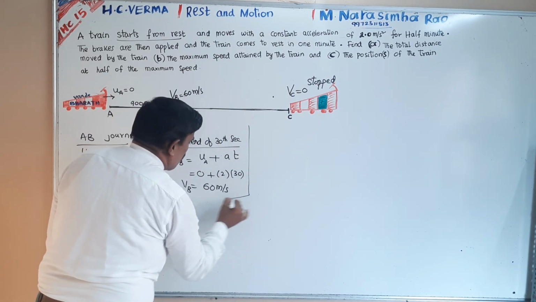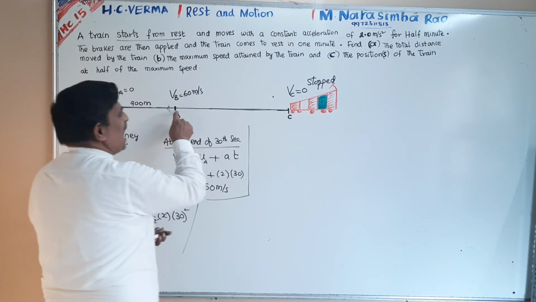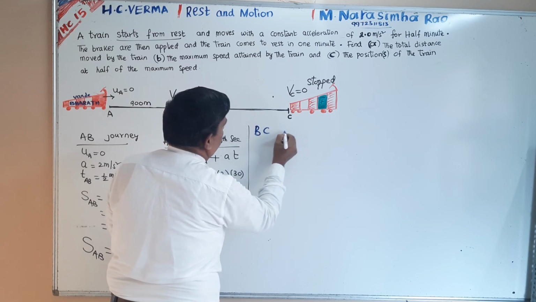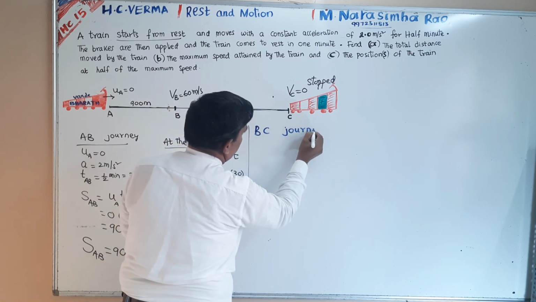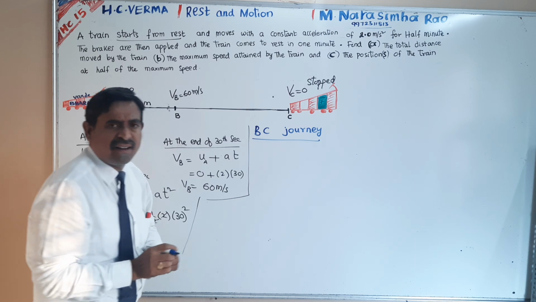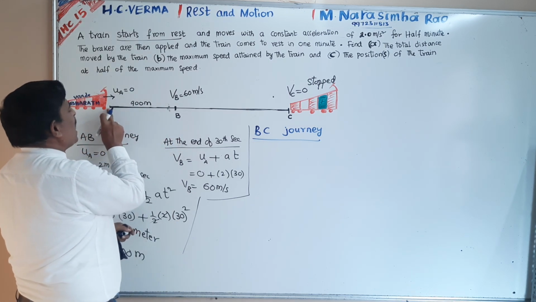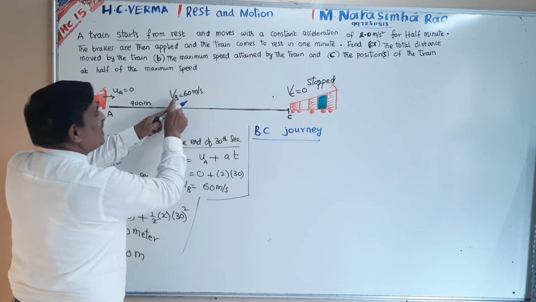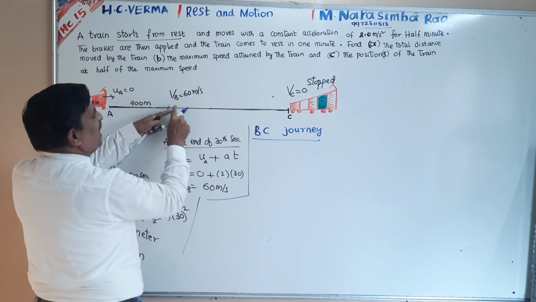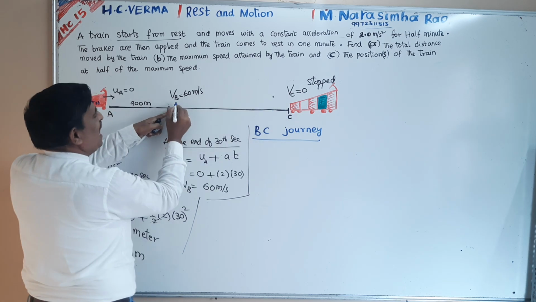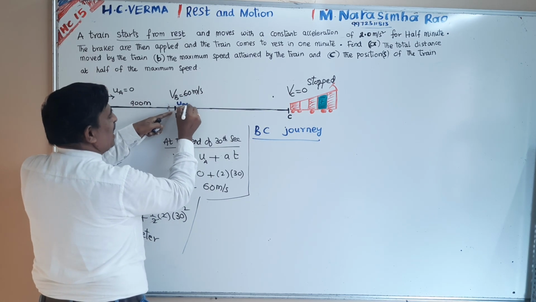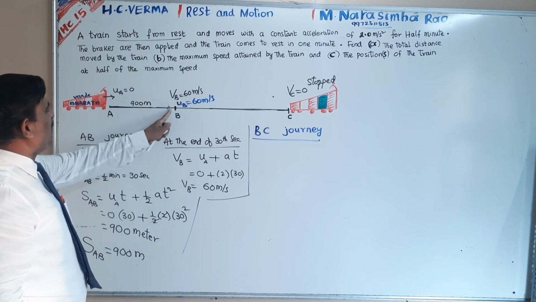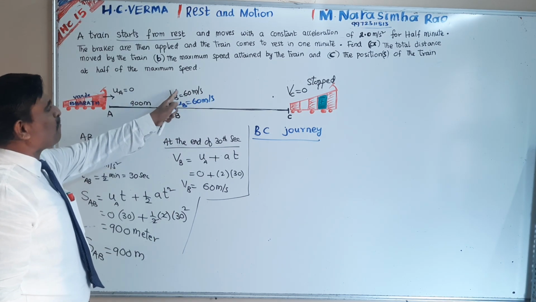Now, I am talking about the BC journey. Now please listen. For the AB journey, this is the final velocity.